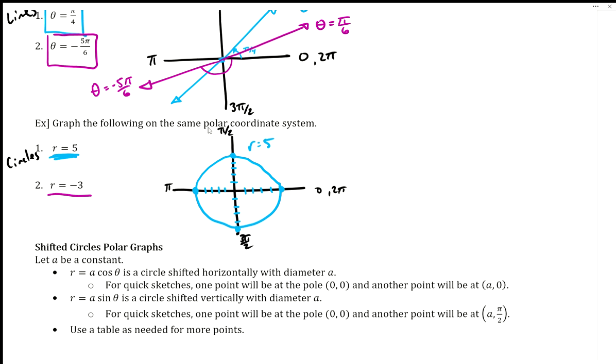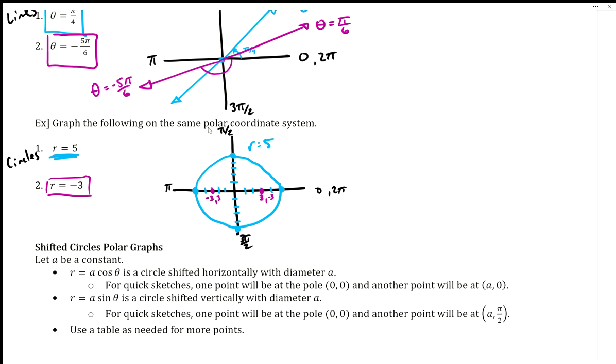All right, this other one, let's do this one in purple. So r equals negative 3. For instance, if I had gone 1, 2, 3, here's r equals positive 3. Remember, negatives are the opposite way. So if this is positive 3, then the opposite way, negative 3 would be over here. And if I had gone to the pi angle as a positive 3, then over there would have been the negative 3.